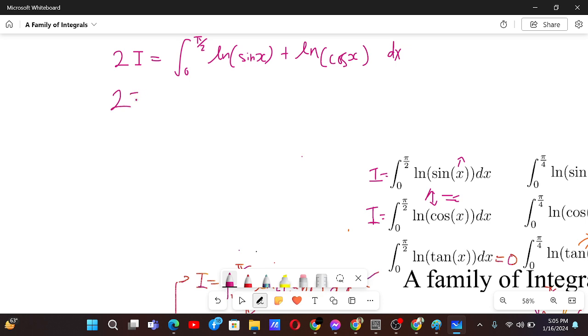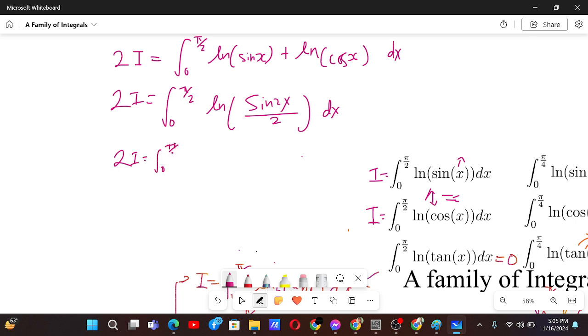Now this is again 2I equals the integral from 0 to pi by 2. This will be ln of sin x cos x. So that's just sin 2x by 2 dx. Now 2I equals the integral from 0 to pi by 2 of ln sin 2x dx minus the integral from 0 to pi by 2 of ln 2 dx.